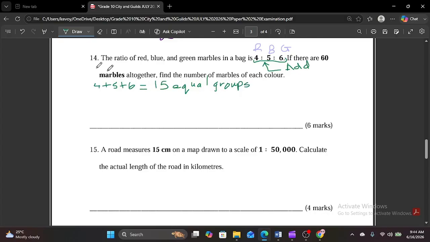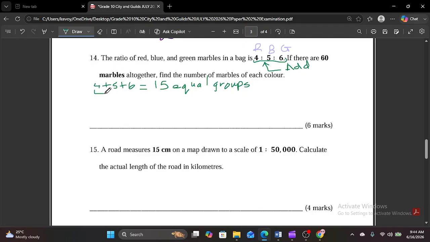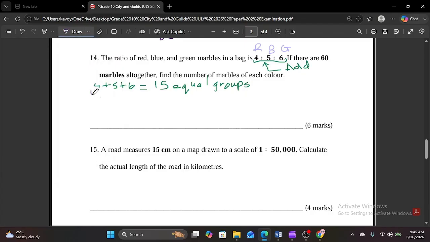So if it's going to be shared into 15 equal groups, now we need to know how many is going to be in each group.